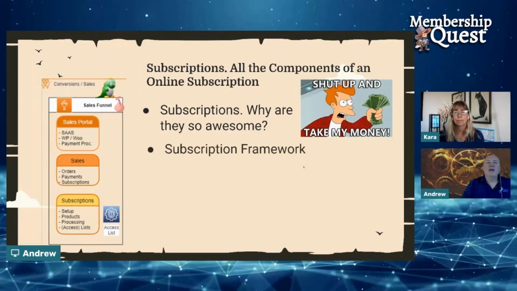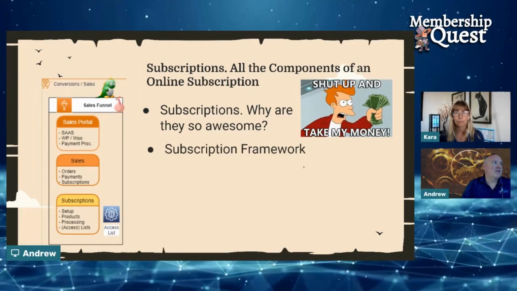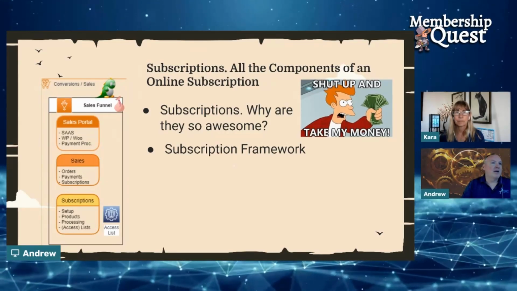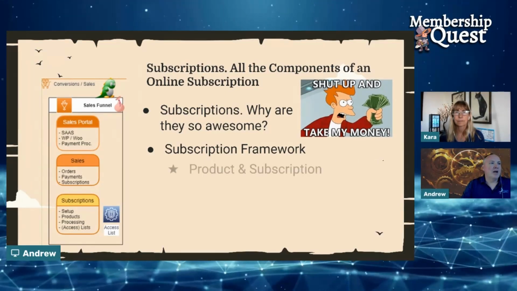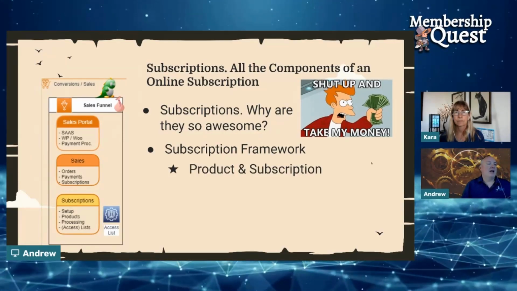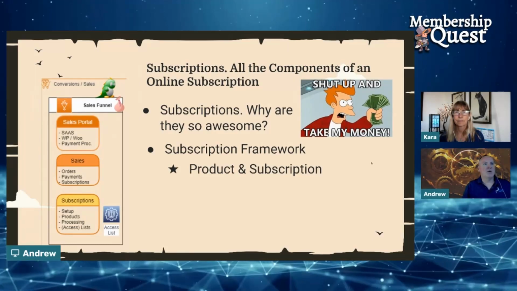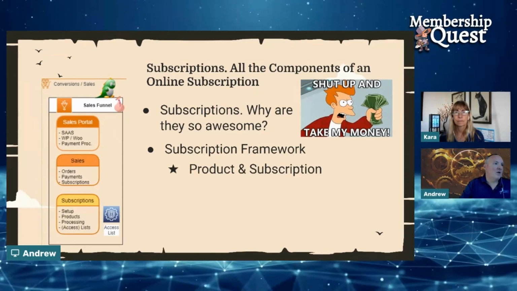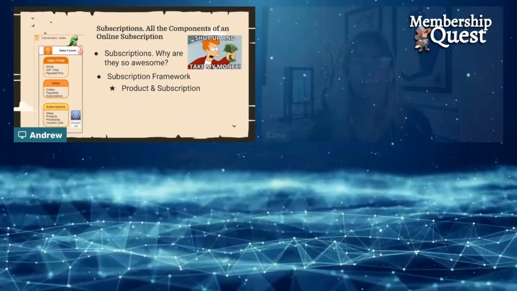And then, so what is a subscription framework? This is just the way of thinking about subscriptions. We'll go into each of these real quick, but how's the subscription formulated? So first, most of the way subscriptions are set up is that there's a product associated with your subscription.